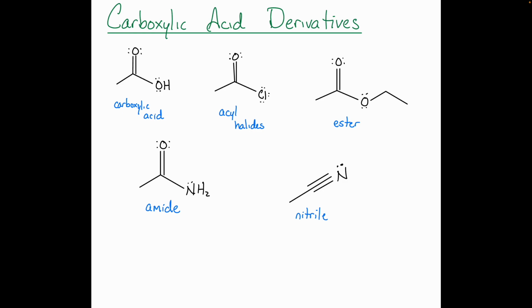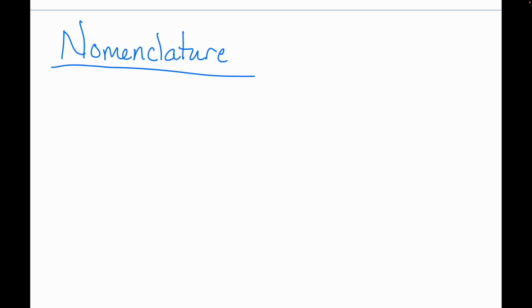But first things first, we're going to start where we usually start, with nomenclature. We're going to go easiest to hardest here. First are carboxylic acids.